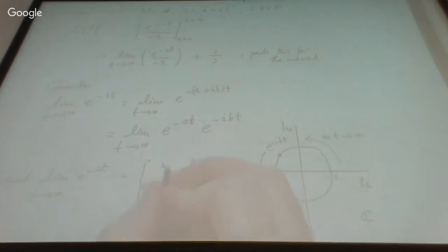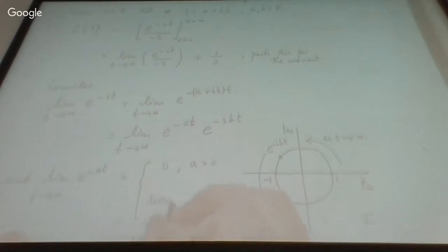So it will be like 1 over an exponential that's getting very, very large, so the whole fraction will get very, very small. So it's going to have limit 0 when a is strictly greater than 0. If a is equal to 0, it's a special case, and the limit is equal to 1.